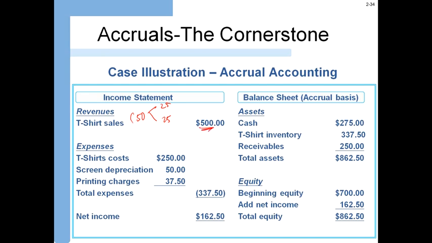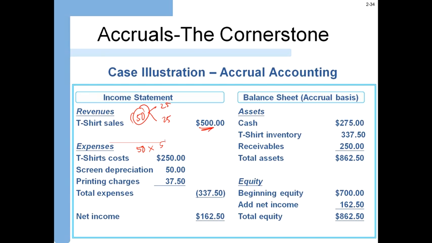So expenses, kita hanya akan record expenses melalui penjualan t-shirt sahaja. So since kita jual 50, so t-shirt cost kita 50 unit, darabkan dengan $5.